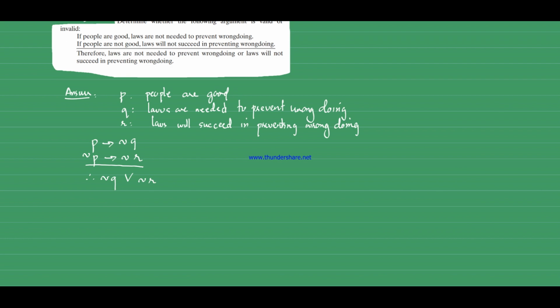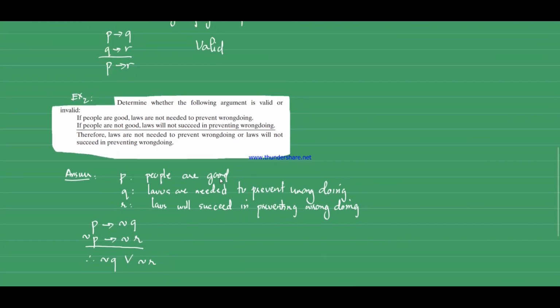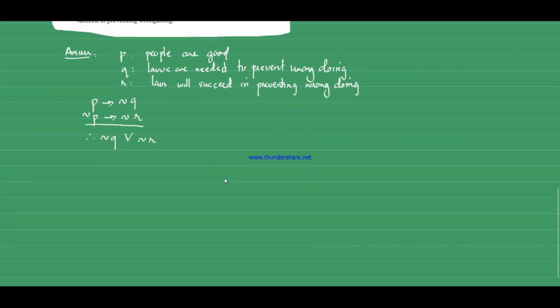I have to say that we don't have any argument like this in the standard form. We don't have anything like this. I guess I have to use the truth table over here.